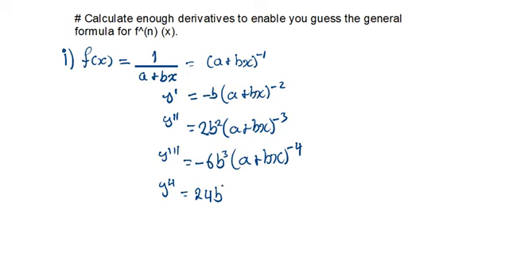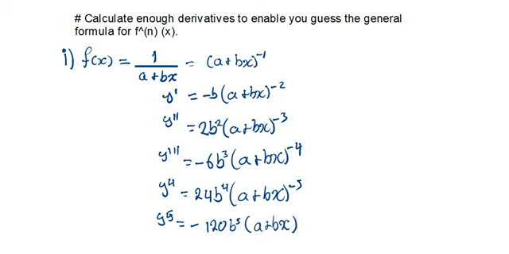That would be b to the power 4, then (a + bx) to the power negative 5. For the fifth derivative, you're going to have minus 120 b to the power 5. I believe we now know the steps. Just follow the same pattern, (a + bx) to the power negative 6.